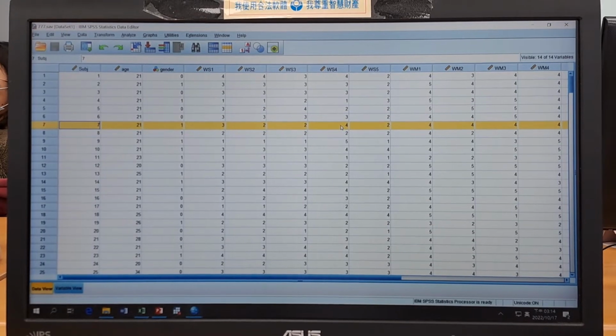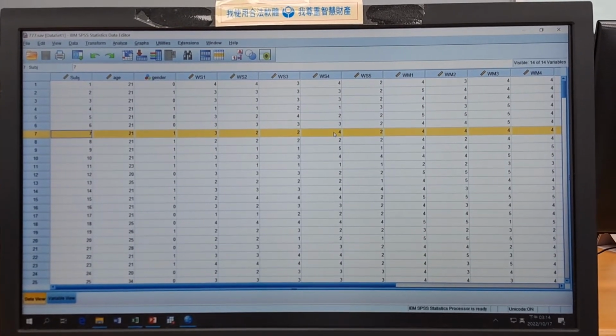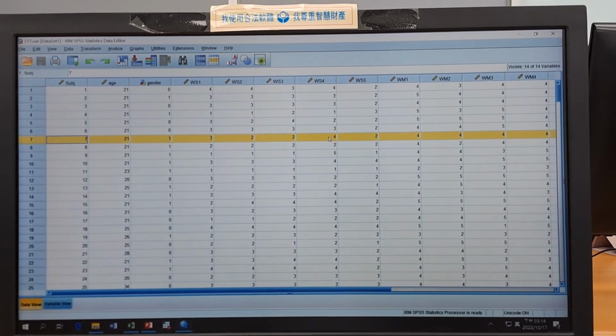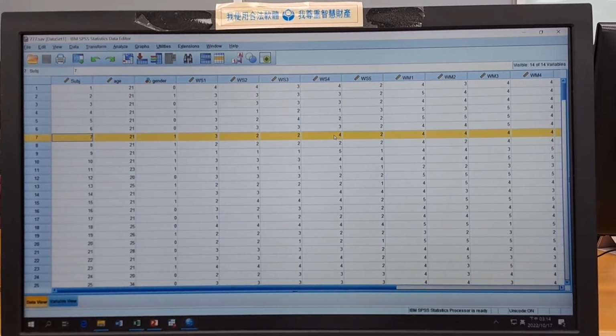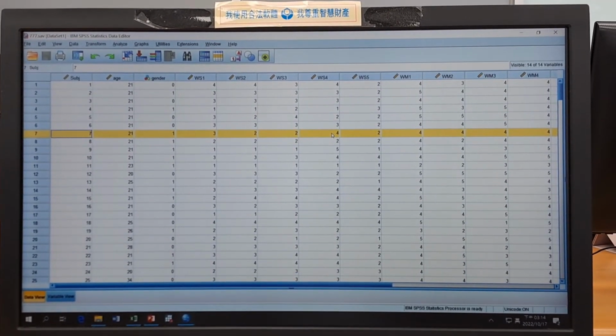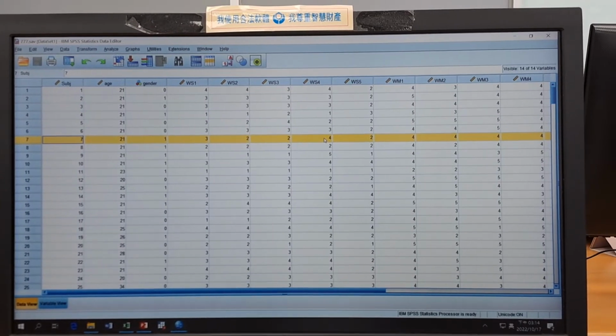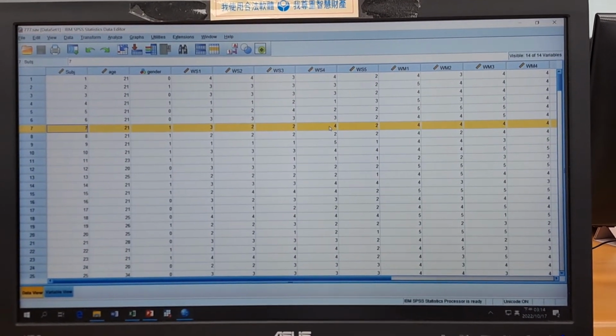It's very easy to identify which one you have to select. If you see the numbers are from the same person, you need to select the paired t-test. If the numbers are from different people, you need to select an independent t-test. Or if I ask you to compare to a specific number, you select the one-sample t-test.